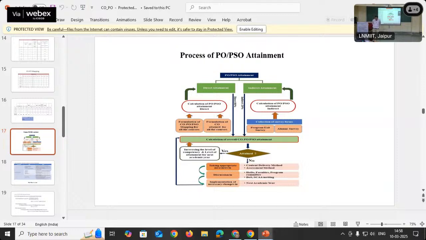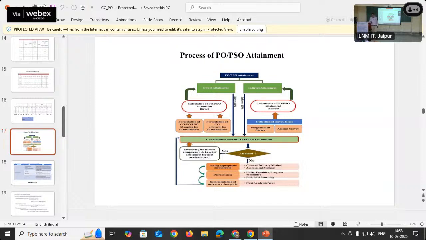On the stakeholder side, next year the stakeholders might change some of their views. It is fixed at 20%. Every year you have to do the exercise. Suppose you are conducting 3 surveys: employer survey, alumni survey, and student exit survey.